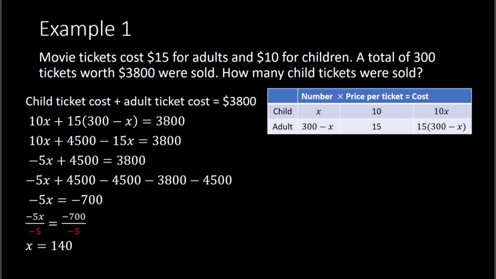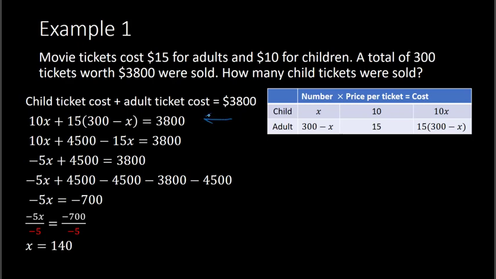So this last column would be your total. That's your total cost. And so we multiply x times 10 to get 10 times x, same thing, and then 300 minus x times 15 to get this over here. And at this point, we can set up our equation, and we did that over here.